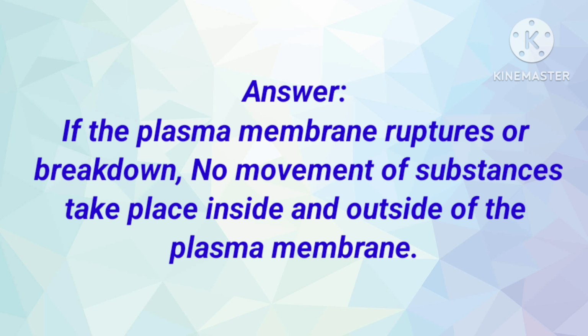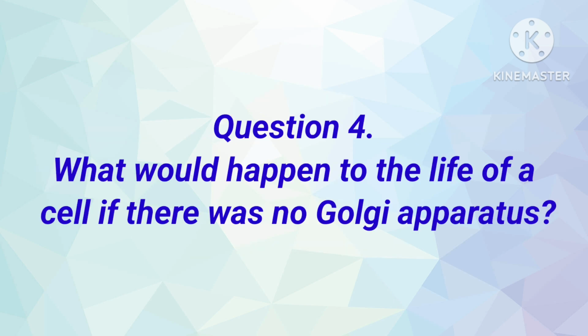If the door itself is not there for the house, what could happen? There is no movement inside or outside. So the plasma membrane is very important, which will absorb the nutrients for the cell as well.